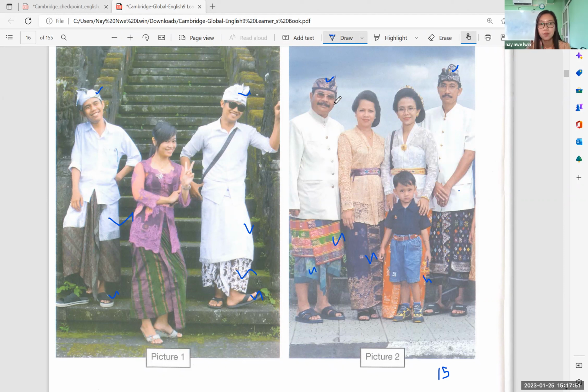Yes, correct. Yes, correct. But the men are wearing just the white shirt with a golden badge, right?